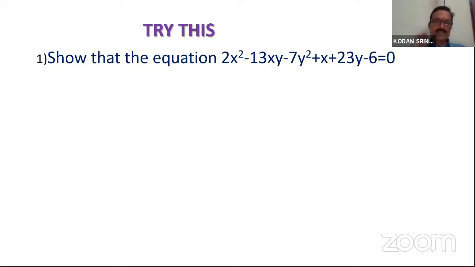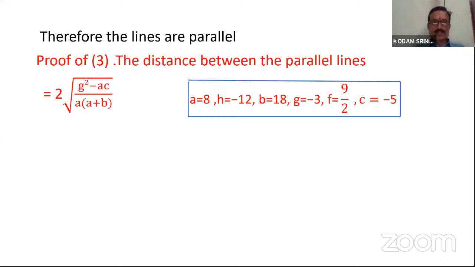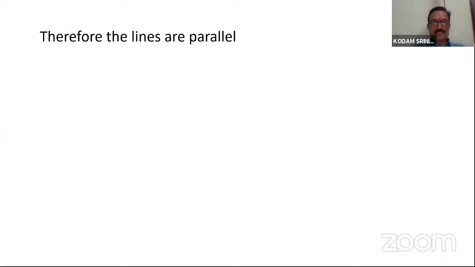If the equation ax square plus 2hxy plus by square plus 2gx plus 2fy plus c equal to 0 represents a pair of straight lines, two conditions should be satisfied. That is abc plus 2fgh minus af square minus bg square minus ch square equal to 0, and one more condition also you have to satisfy.